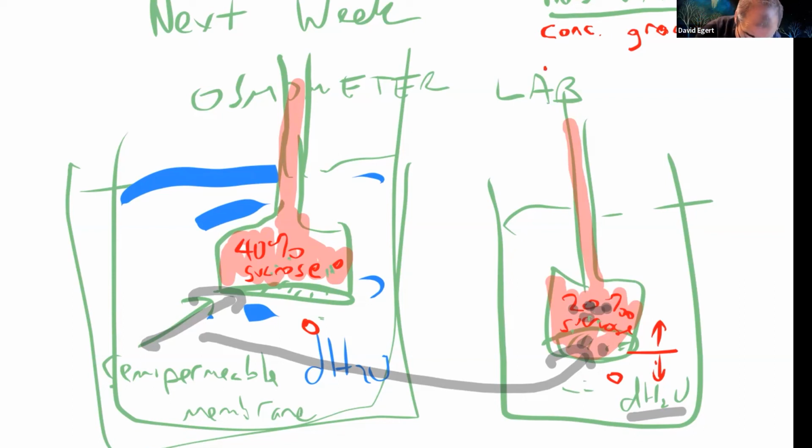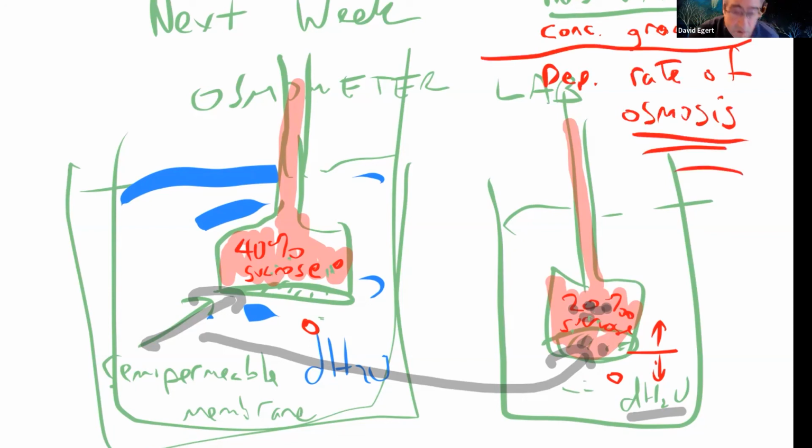Our dependent variable that we're going to measure is the rate of osmosis, how fast the water is moving across the membrane. We're going to measure it by seeing how fast the water is going up the tube.